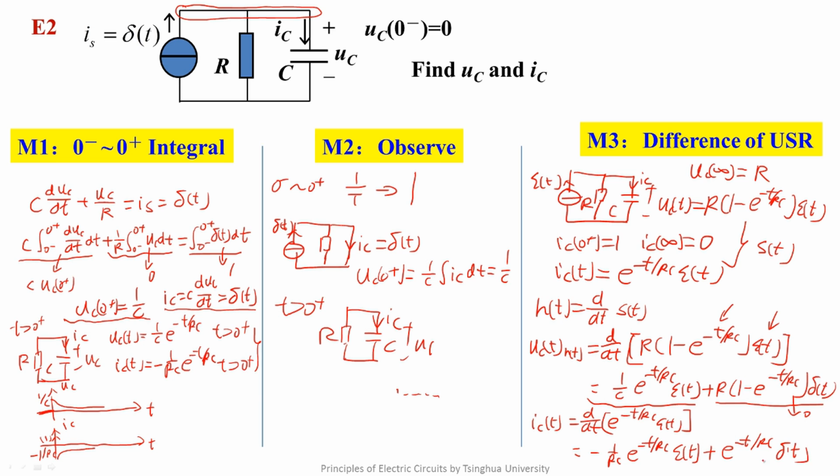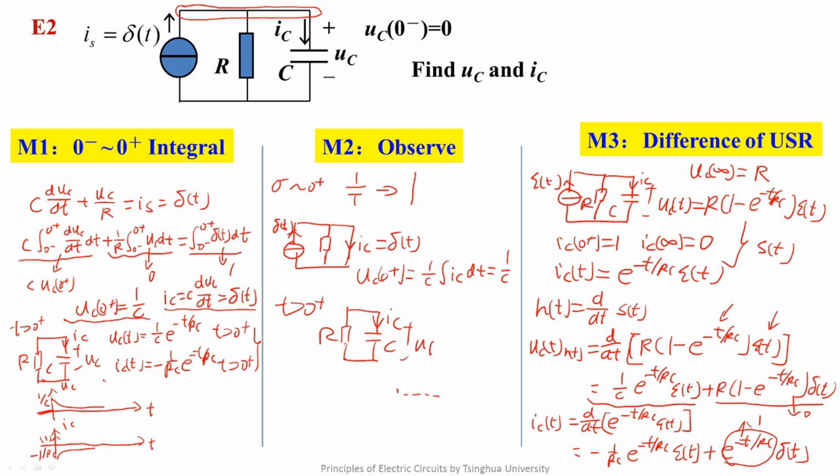This is another f(t) times delta(t). It equals f(0) times delta(t), and f(0) in this function is 1. Then the unit impulse response of IC is delta(t) plus minus 1 over RC times e to the power of minus t over RC times epsilon(t).